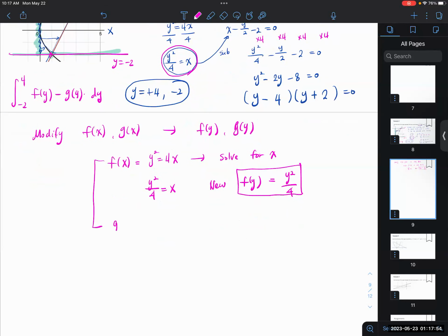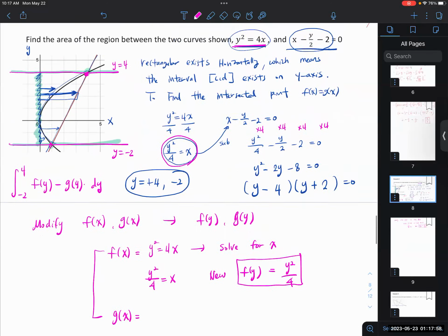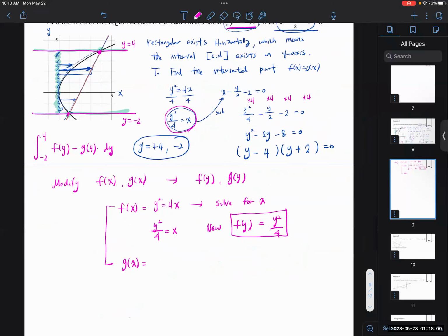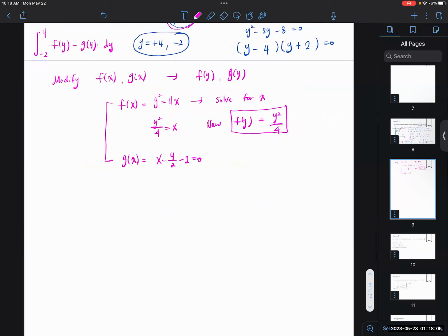And then g of x, what was it? x minus y over 2 minus 2 equals 0. Same thing, I'm going to solve for x. So x equals positive y over 2 plus 2. So the new g of y is y over 2 plus 2.